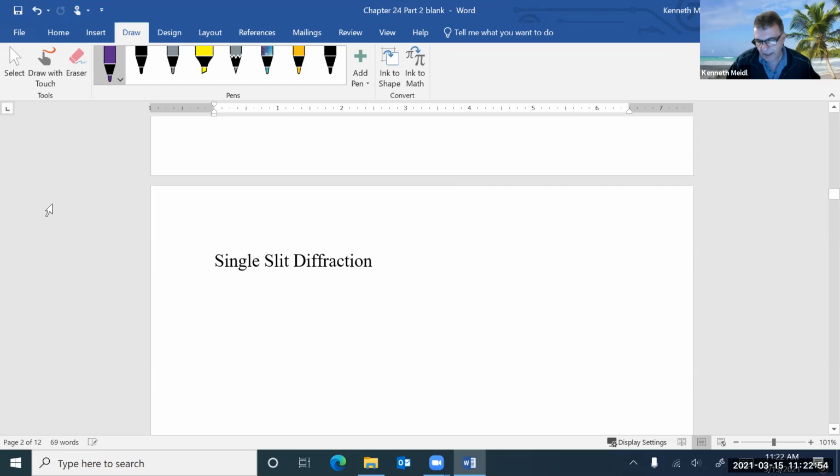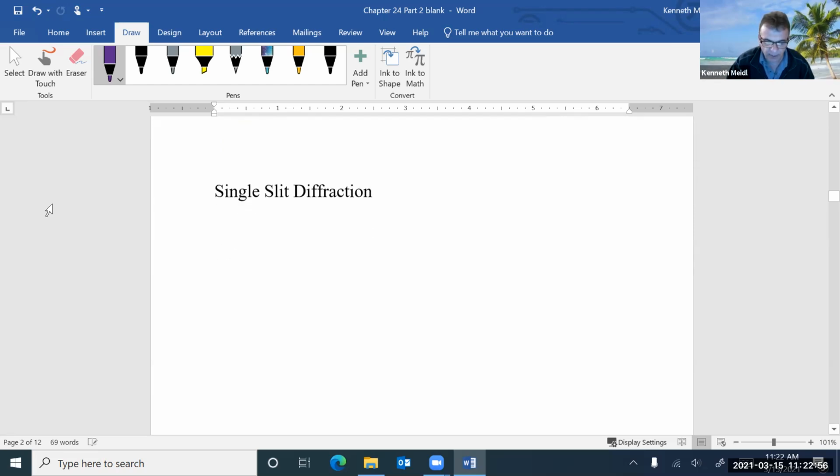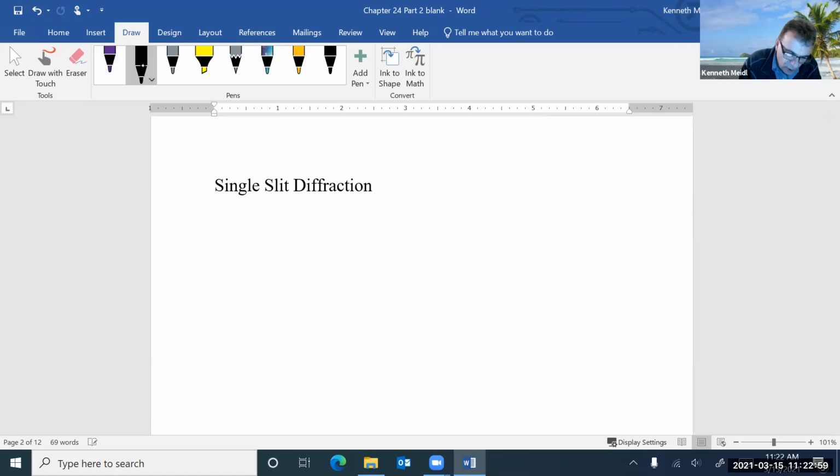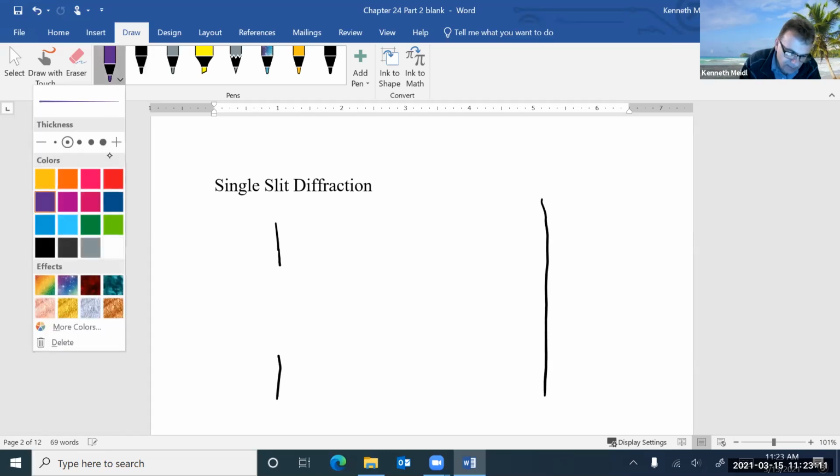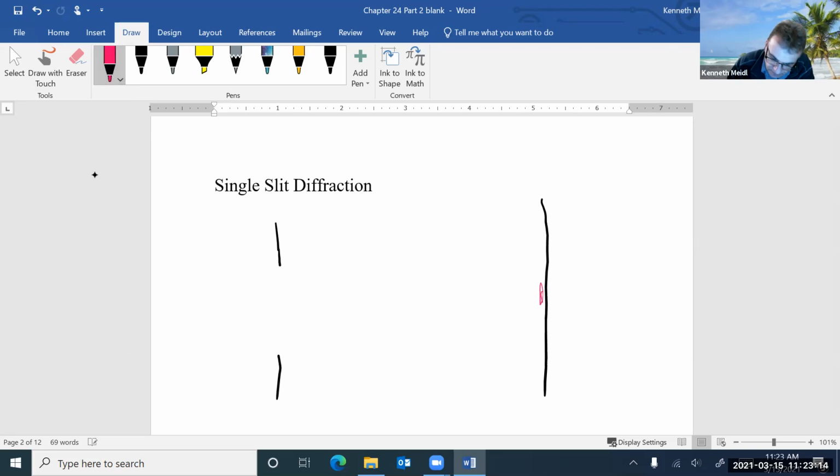This is surprising to a lot of people: if you have just a single opening and you put a screen downstream, what you end up getting is a bright spot, then no light, then a bright spot, then no light, and then a bright spot on this side, where this here is called the central maximum.